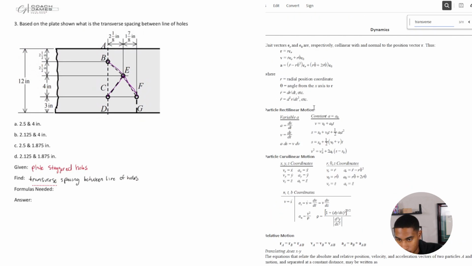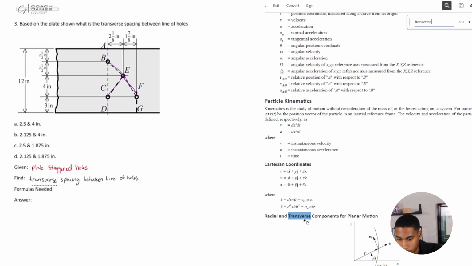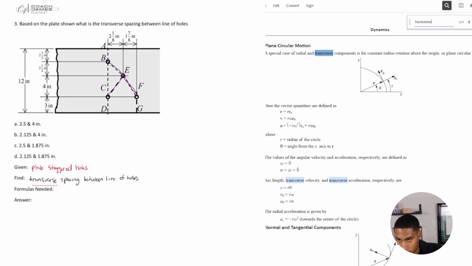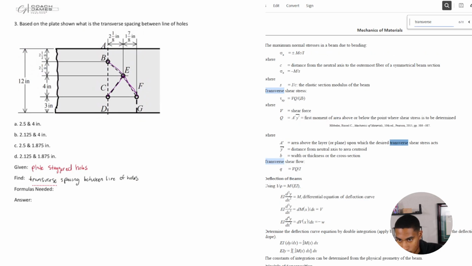Radial and transverse components for planar motion. This is in the dynamics section, so I don't think that's what I need. Still in dynamics. Mechanics of materials, transverse shear stress.